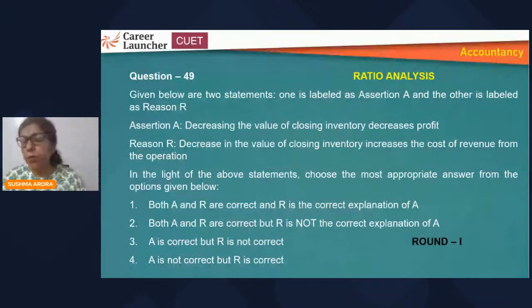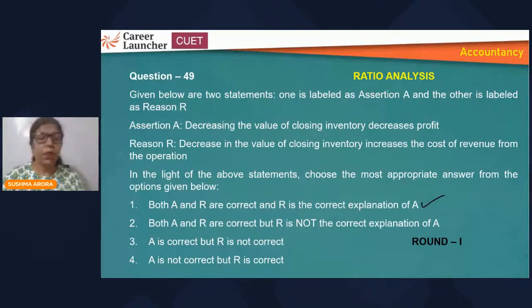Yes, correct. So answer is first, A: assertion and reason both are correct. Yes, this will be your answer. You can do it by putting the values in imaginary numbers. Like earlier, you put the closing stock 10,000, then reduce the closing inventory, so that you will see that profit is decreasing as well as the Corfo will be increasing.